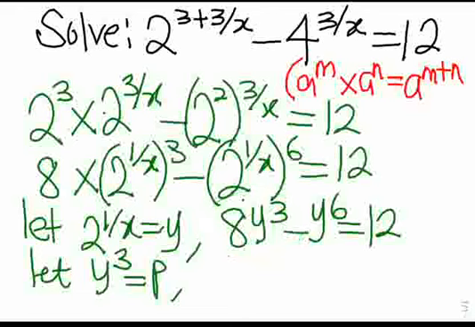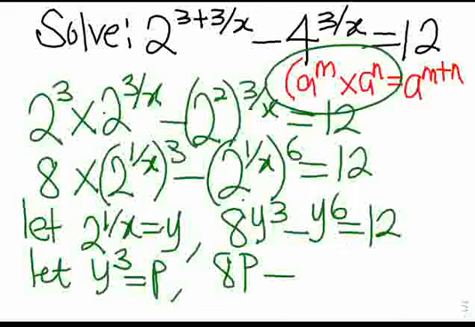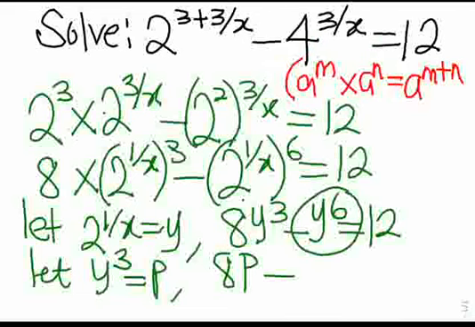So 8y raised to the power 3 becomes 8p minus, now breaking this down, the y raised to the power 6 is y raised to the power 3 times y raised to the power 3, following the same rule of indices. So y raised to the power 3 times y raised to the power 3 will give y raised to the power 6. And my y raised to the power 3 is p. So that means here I am multiplying p by p, which is p squared, and this equals the 12.